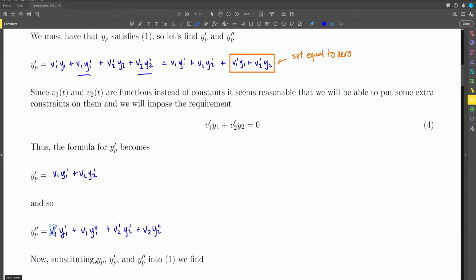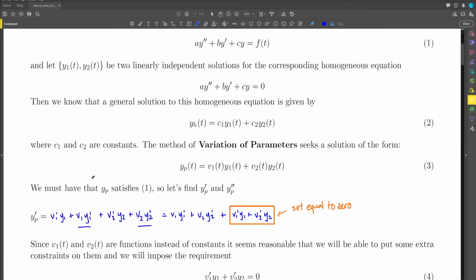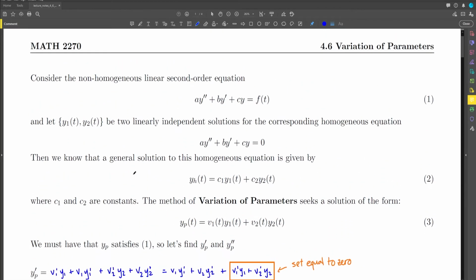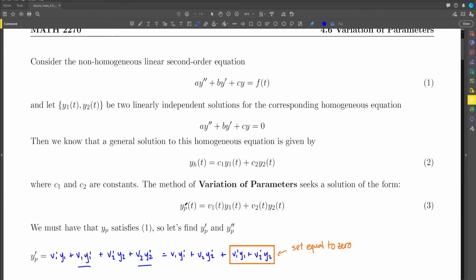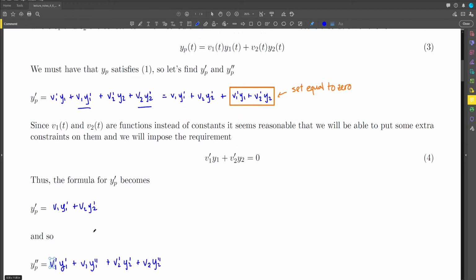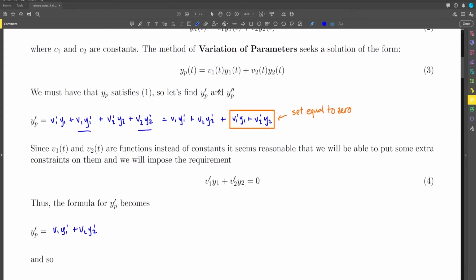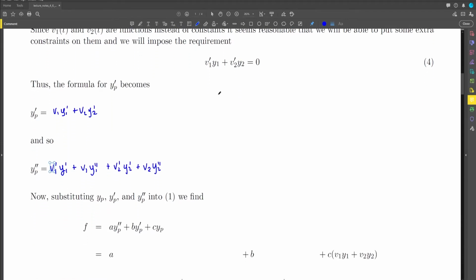So now what we're going to do is plug in these three things that we found for yp, yp prime and yp double prime. We're going to substitute that into our original differential equation. So I put f on the left, and then a times yp double prime plus b yp prime plus c yp on the right hand side.